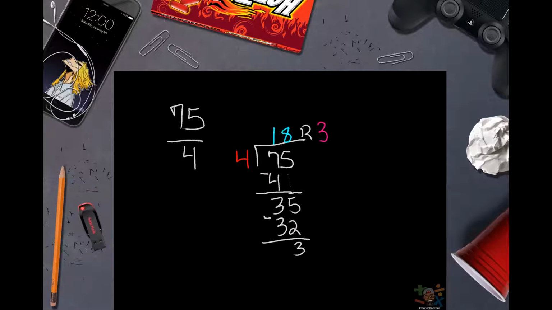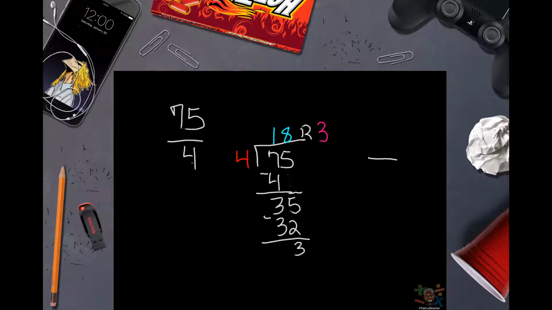Now we're going to go ahead and make our mixed number. First things first, in fractions, our denominator stays the same. Making a mixed number, over here, there's my fraction bar.